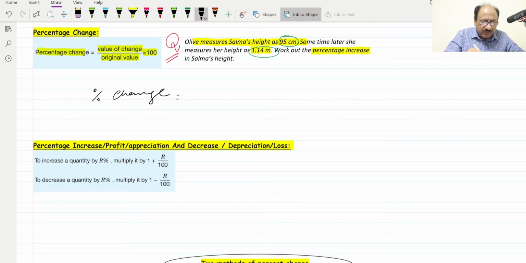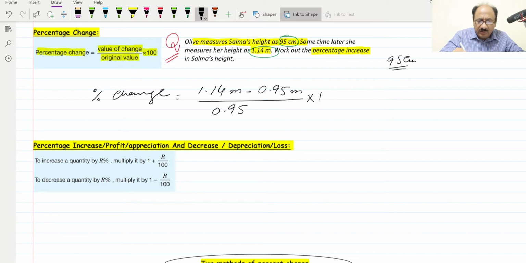We know the formula, which is value of change. So 1.14 meters minus 95 centimeters, which we can write as 0.95 meters, divided by the original value, which is 95 centimeters, or we can write 0.95 meters, and multiply by 100.